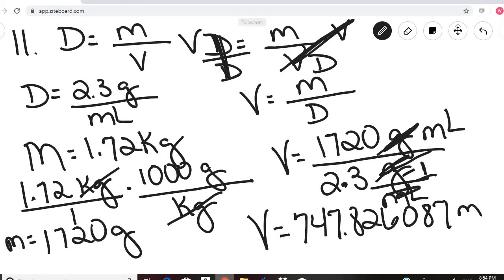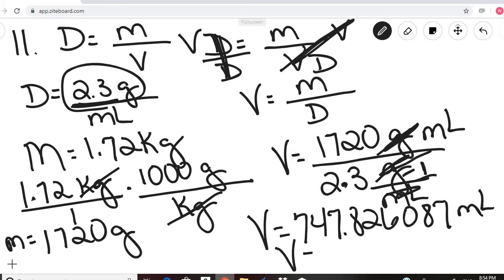And our answer is in milliliters, but now we have to look at significant figures. We were given this density of 2.3, so that is the least precise measurement, so we are limited to 2 significant figures.